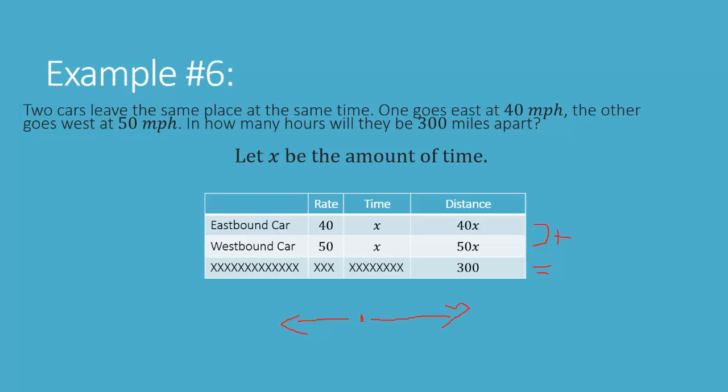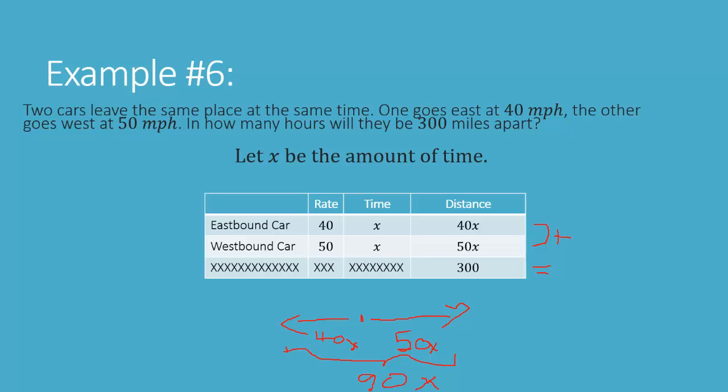So that means the total distance here is 40x. The total distance here is 50x. So that means this total distance here has got to be the sum of them, which in this case would be 90x, which I'm getting ahead of myself.